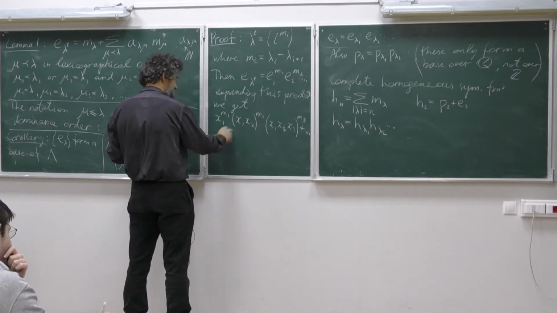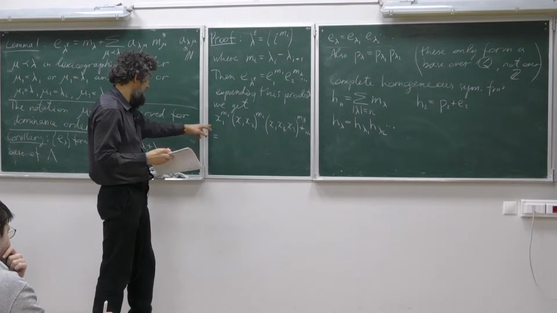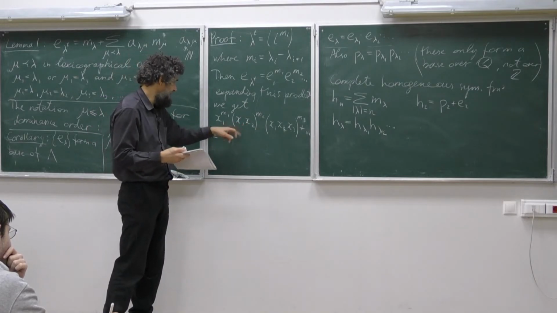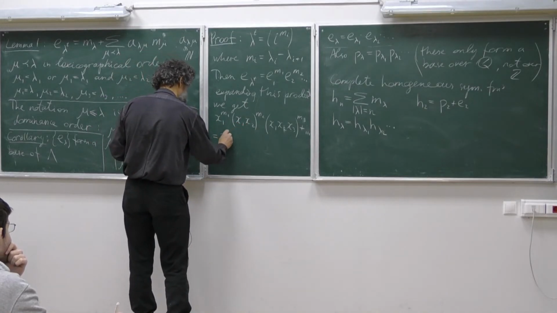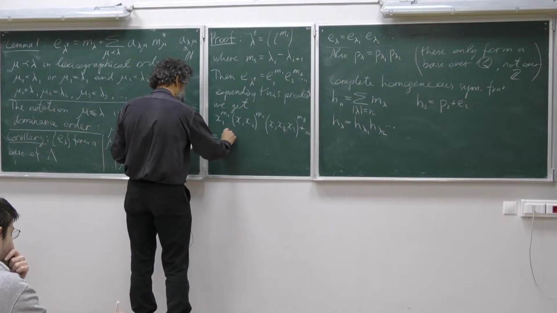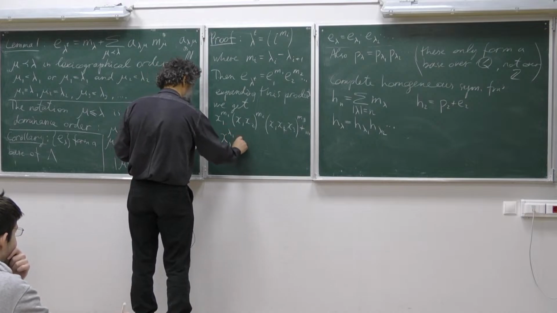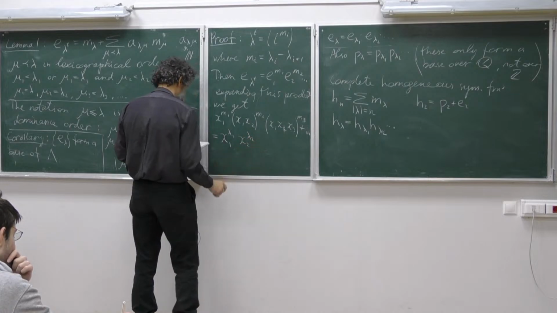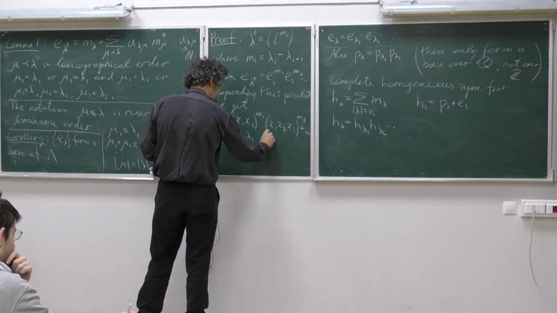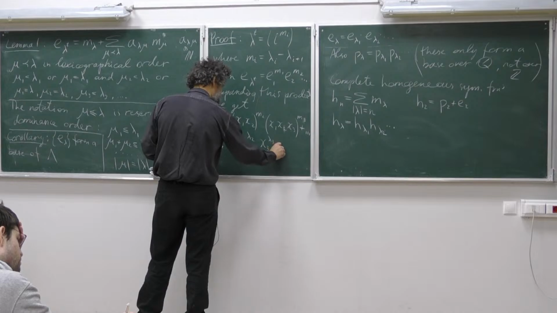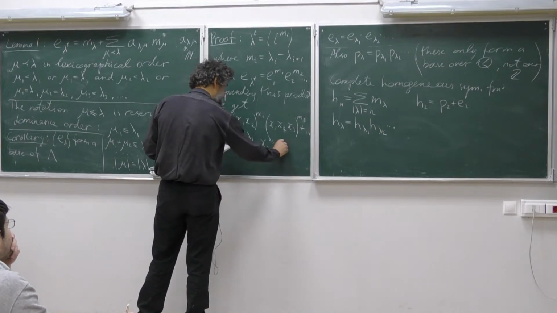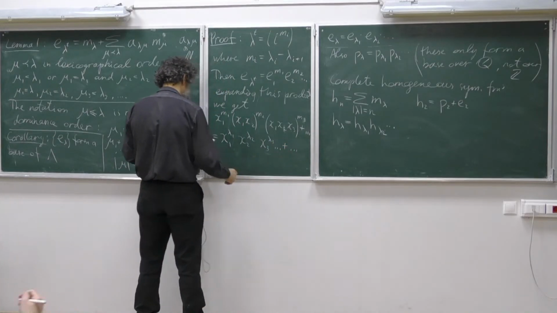So this will be, if we collect the powers of x1, we get x1 to the power lambda 1, x2 to the power lambda 2, x3 to the power lambda 3, and so on, plus all the permutations.